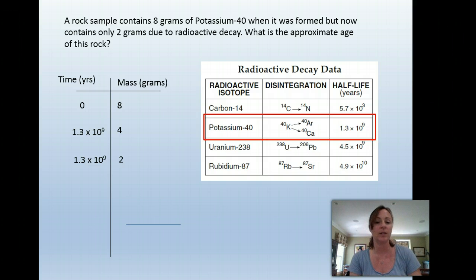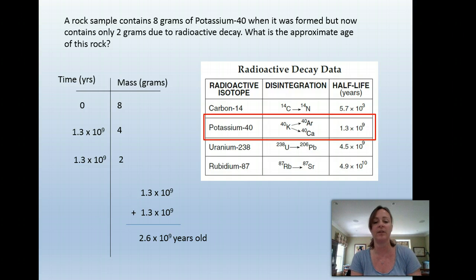Once we know that it's gone through 2 half-lives, we add these half-lives up. So 1.3 billion years plus 1.3 billion years gives us 2.6 billion years. And that's the age of the rock. This rock is 2.6 billion years old.